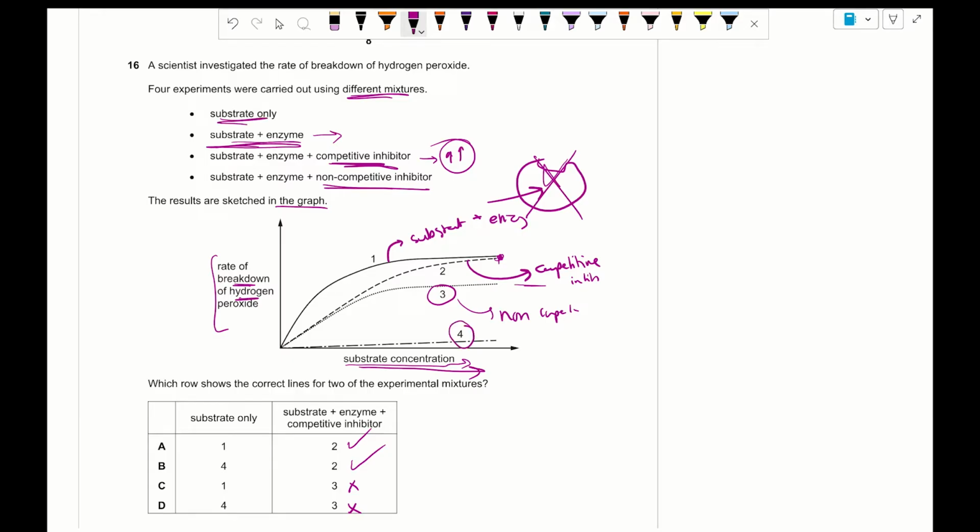So, if we only have the substrate without the enzyme, we know that the enzyme lowers the activation energy. Now, there is no enzyme to lower the activation energy of the reaction. Therefore, the reaction containing the substrate only would take place the slowest. Therefore, 4 is going to be the substrate only. Therefore, the answer is going to be B.